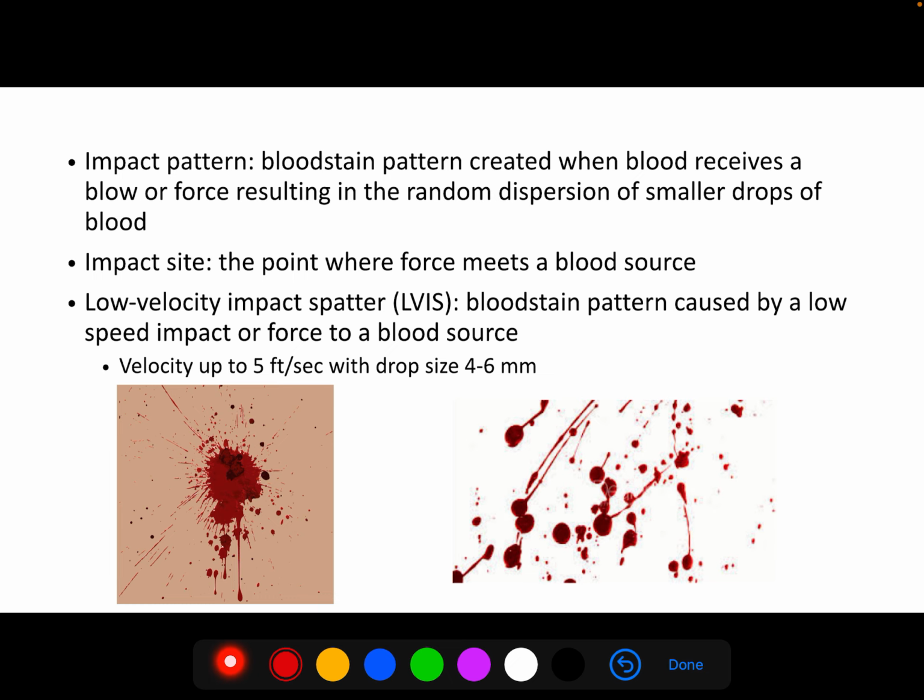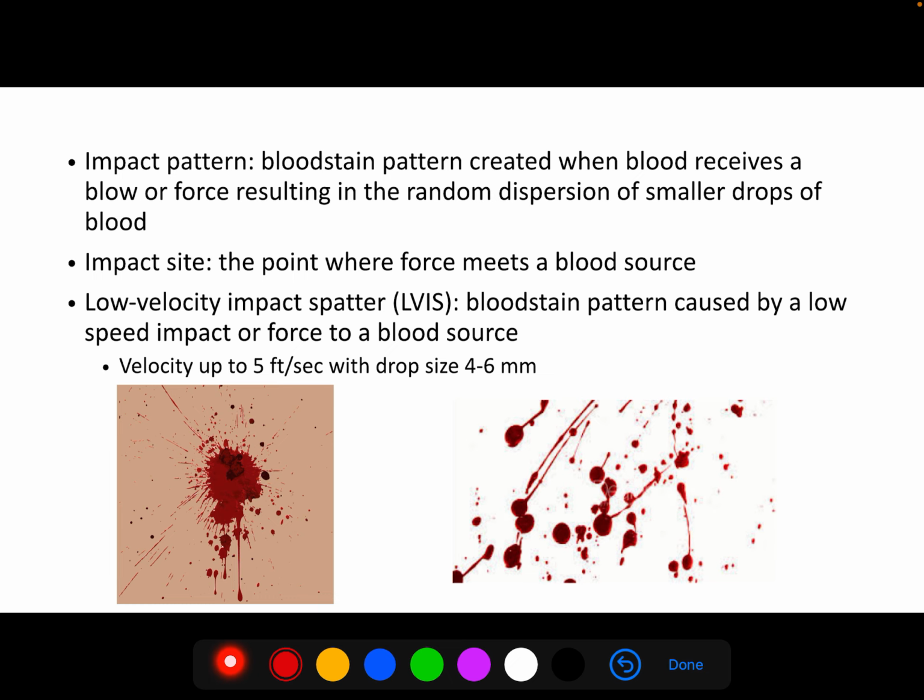And since there is already blood there, once it hits, it sprays out in every direction. This would be the same thing as someone jumping in a mud puddle. There's already liquid there. You jump in and it causes it to spray out in every direction. The impact site is going to be the point where the force meets the blood source. So wherever that wound is that is being hit with the weapon.